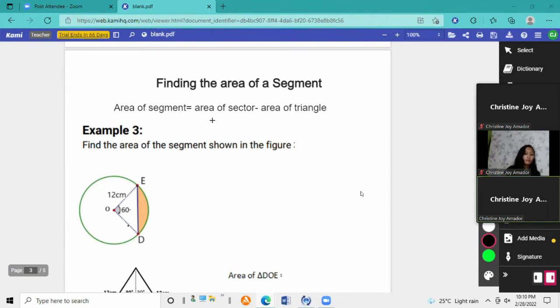And ma'am, what is the area of a segment, by the way? Let me illustrate to you what the area of a segment is, or where we can find it. If this is our figure, the area of a segment is the shaded part, this one.